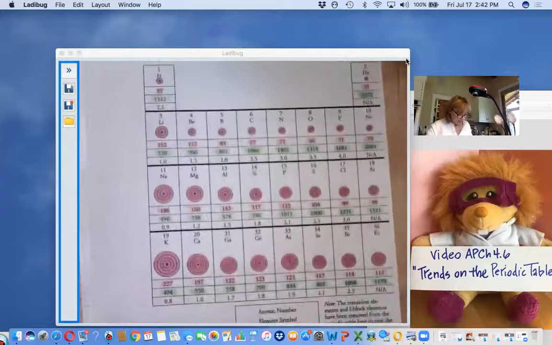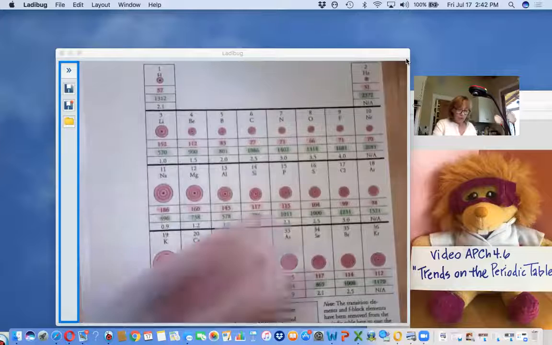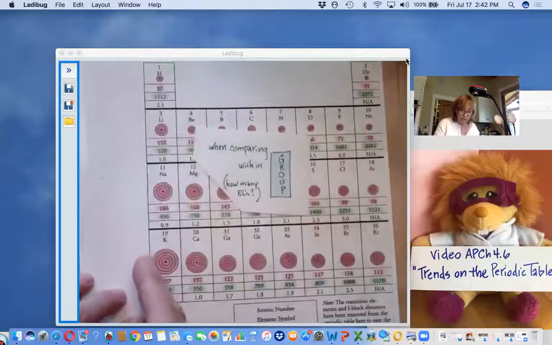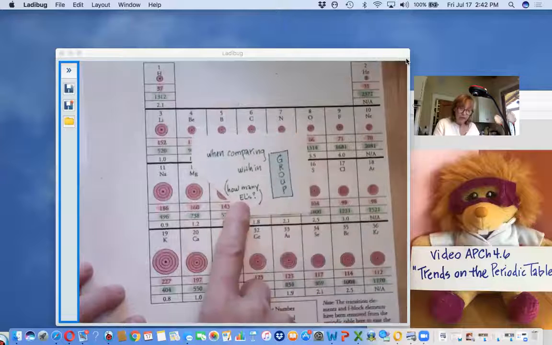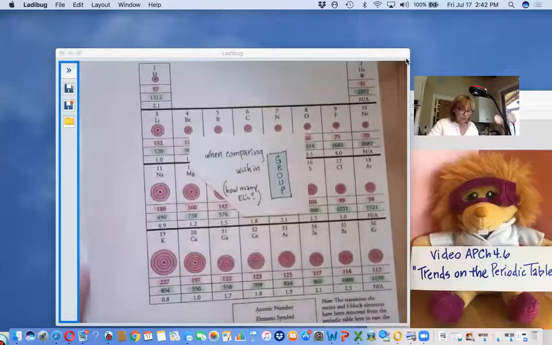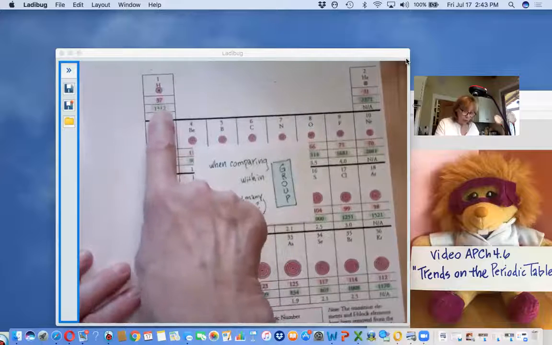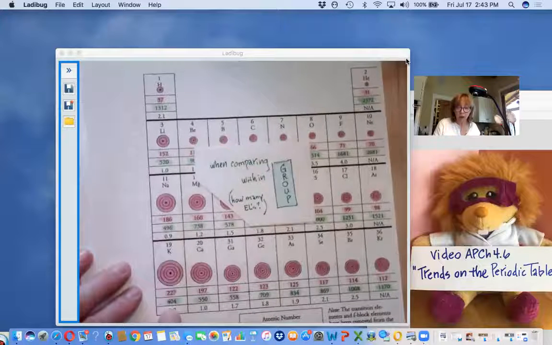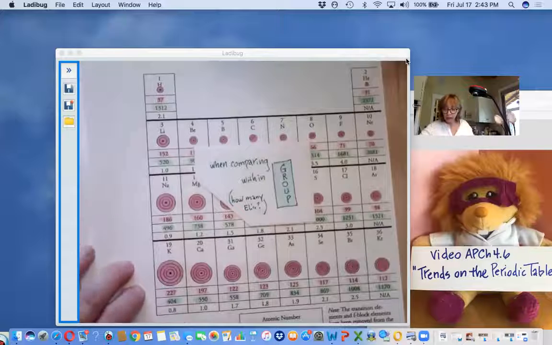Okay, let's consider what we see going on within a group, a vertical column. So we want to first of all make a note of how many energy levels. Do you see in this group that the ionization energies are actually getting smaller toward the bottom of the group?